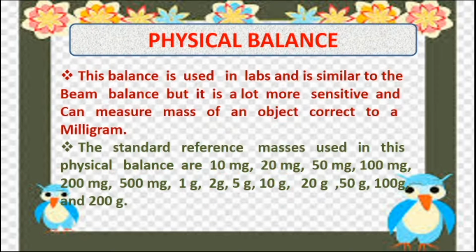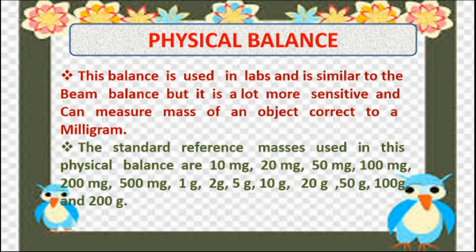Next we study the physical balance. This balance is used in labs and is similar to the beam balance, but it is a lot more sensitive and can measure the mass of an object correct to a milligram.